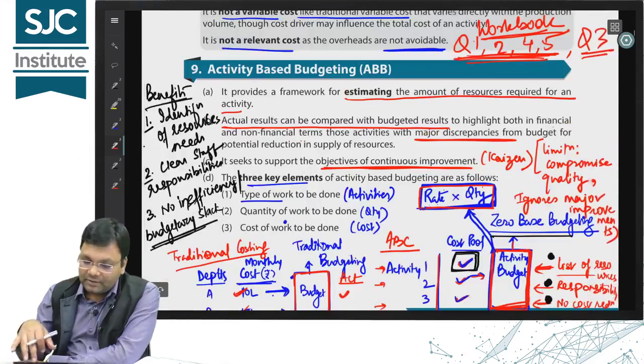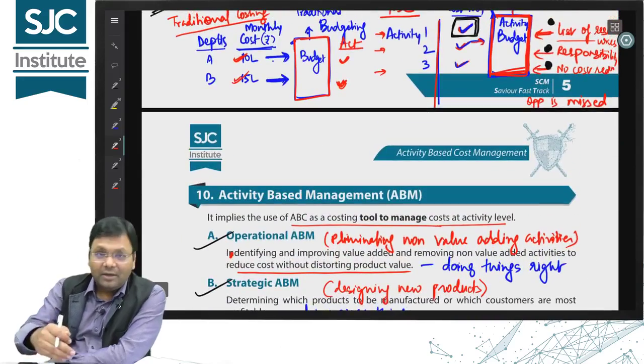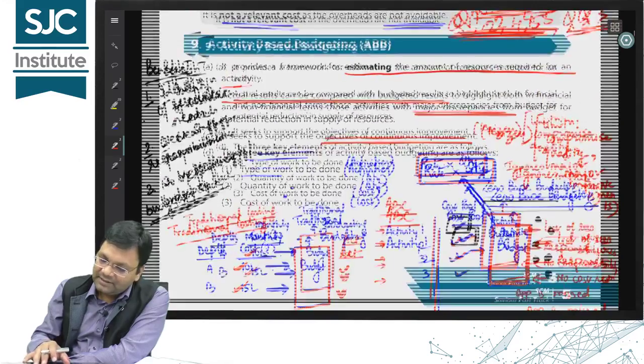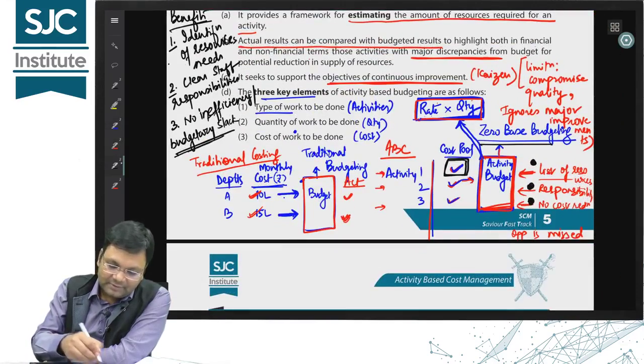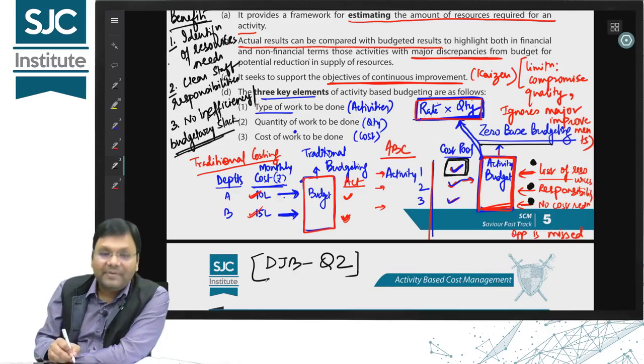For activity based budgeting, after studying this concept, you have to do DJB question number 2.